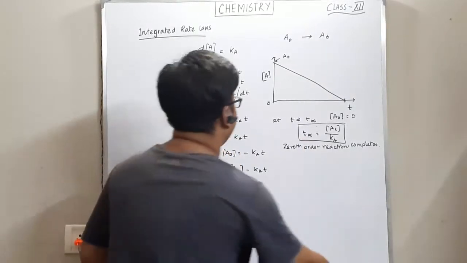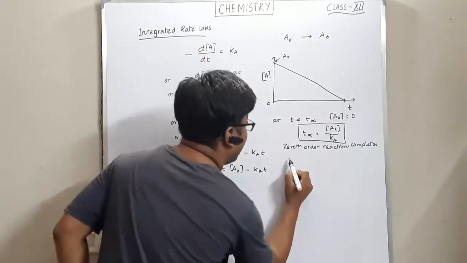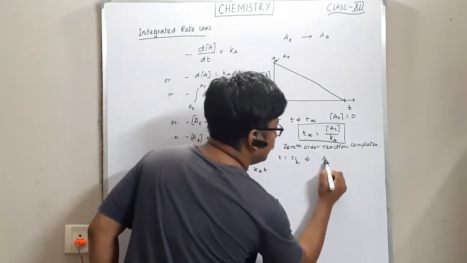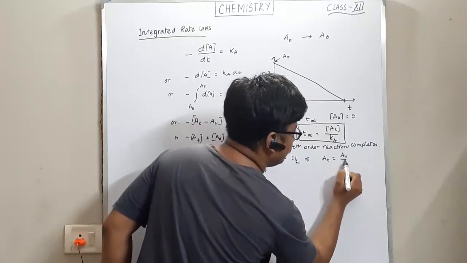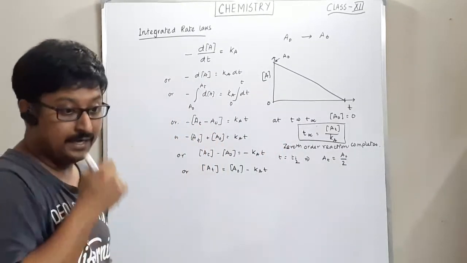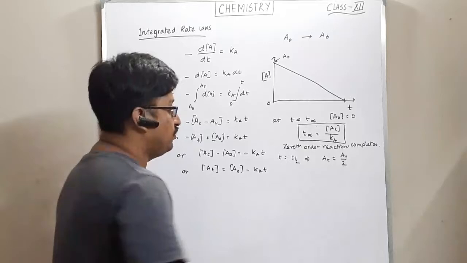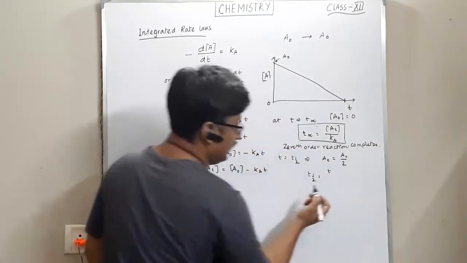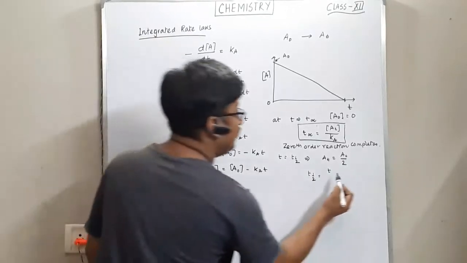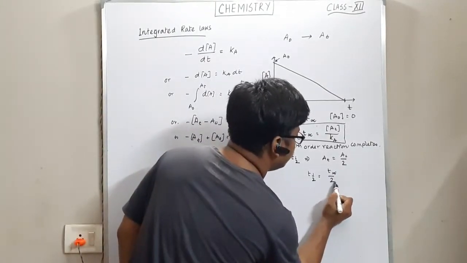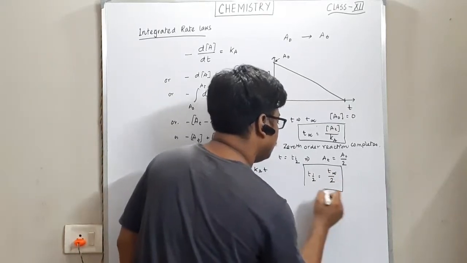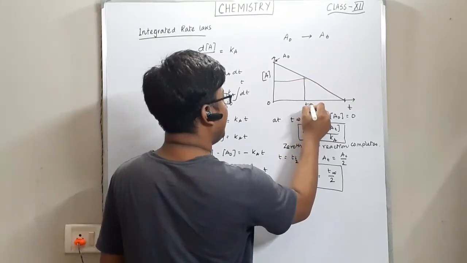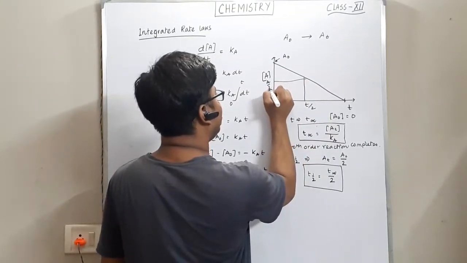Now what about the half-life of the reaction? In case of half-life, t is equal to t half, and At is basically A0 by 2. Correct? Now if I put this value here, you will get t half is basically t infinite by 2. So exactly at t by 2, you get A0 by 2.